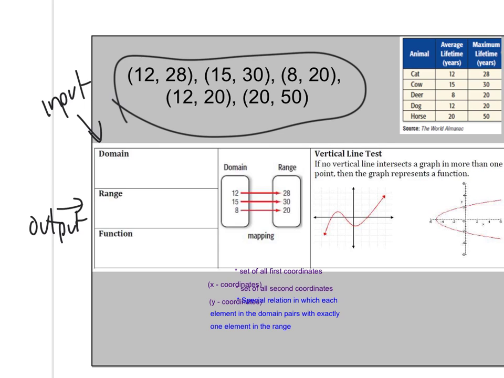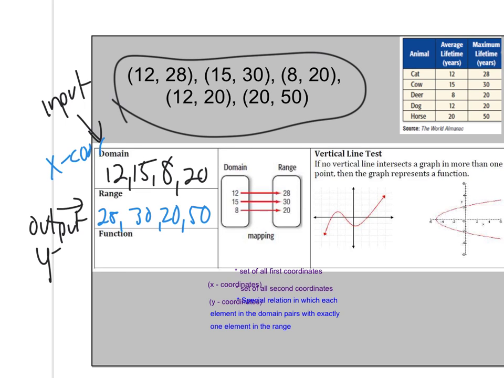So my domain here was going to be 12, 15, 8, and 20 should be there as well. My range then would be 28, 30, 20, and 50. So this is going to be my x coordinates. This is going to be the y coordinates.